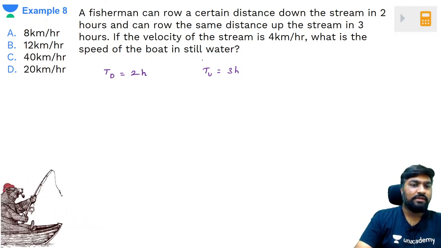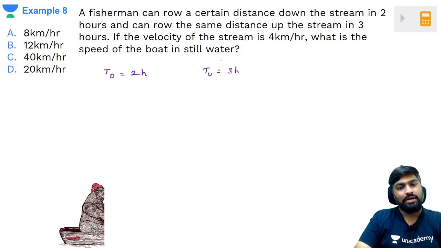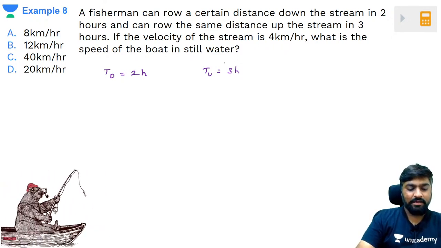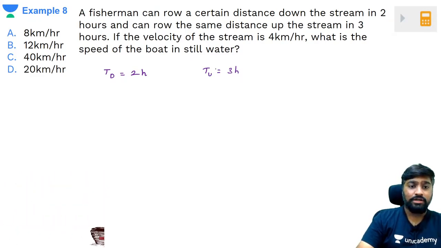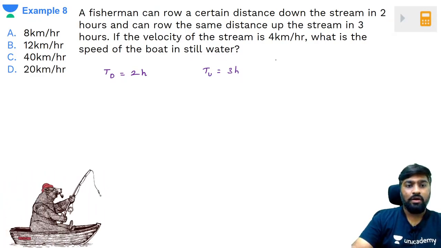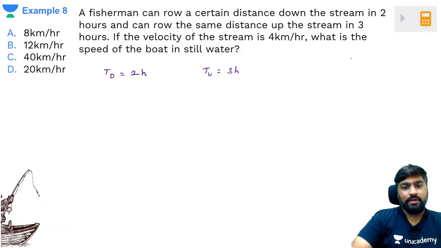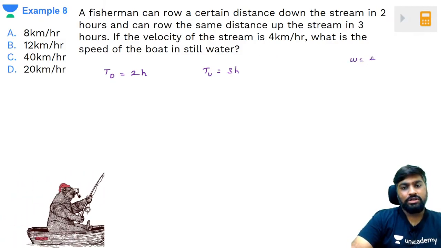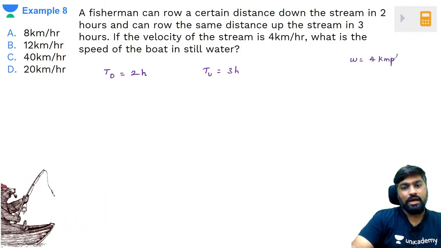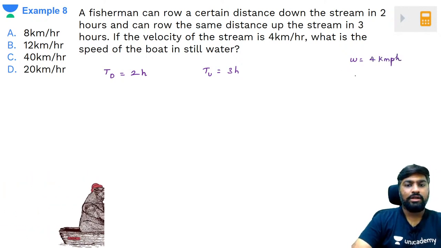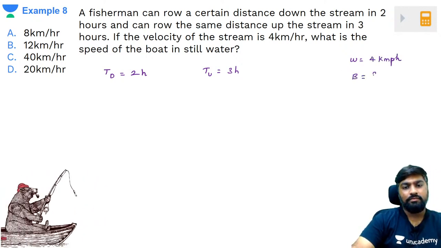What is the speed of the boat in still water? What is given to us? Velocity of the stream, that is water, 4 kilometers per hour. They want us to find the speed of the boat.